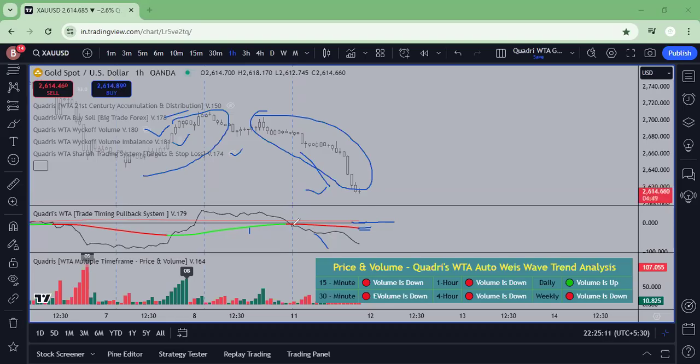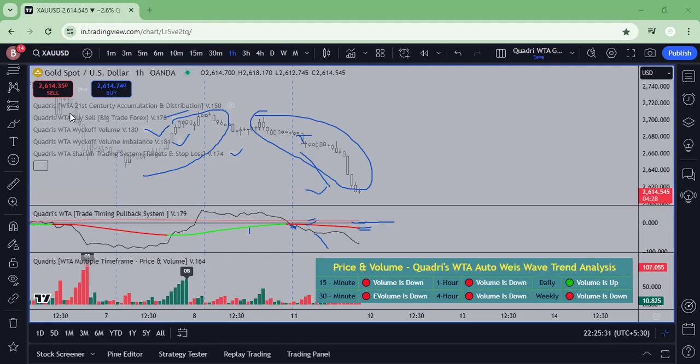That is the first condition. Second condition, as soon as this black line crosses down this zero line and red line, and it comes back and touches the red line, as soon as the price turns down from this particular point, I'll go for a short opportunity.